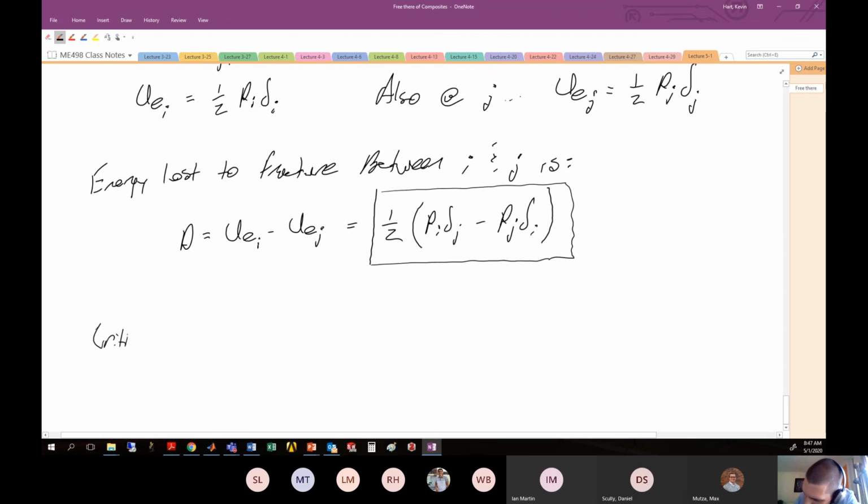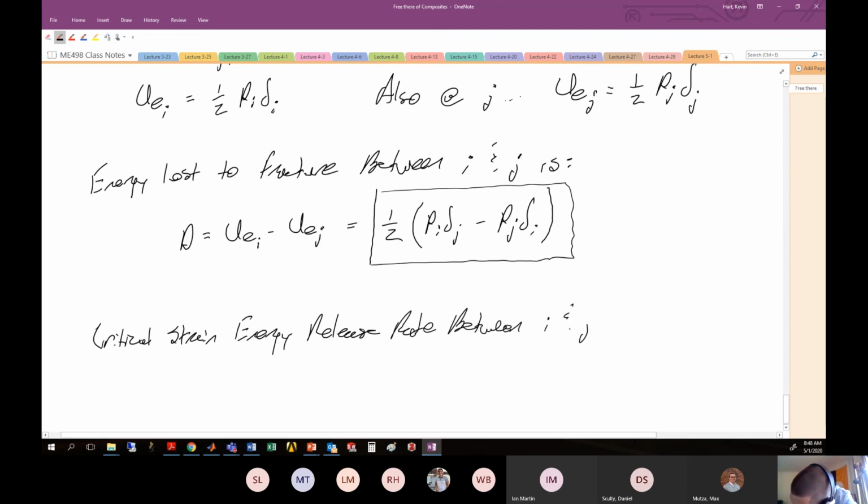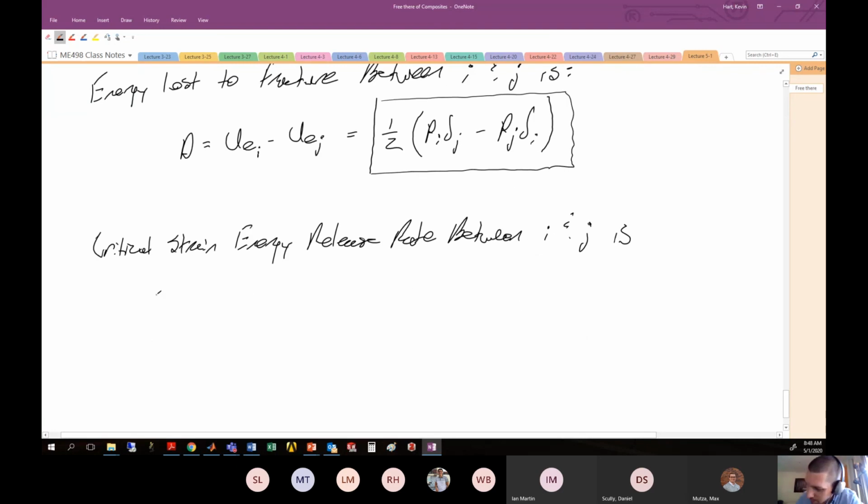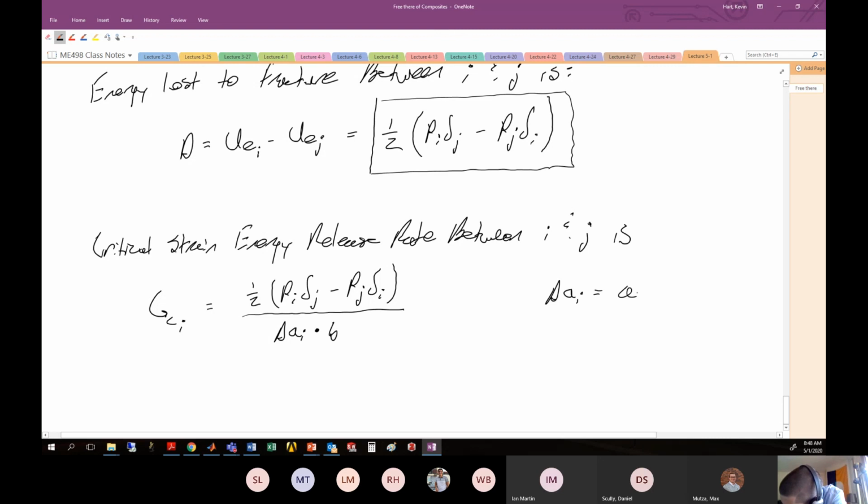So the critical strain energy release rate between I and J, what I would say GCI, is going to be this 1/2 (PI delta J minus PJ delta I) divided by the area that you opened, which is going to be delta AI times B, where remember delta AI is AJ minus AI.